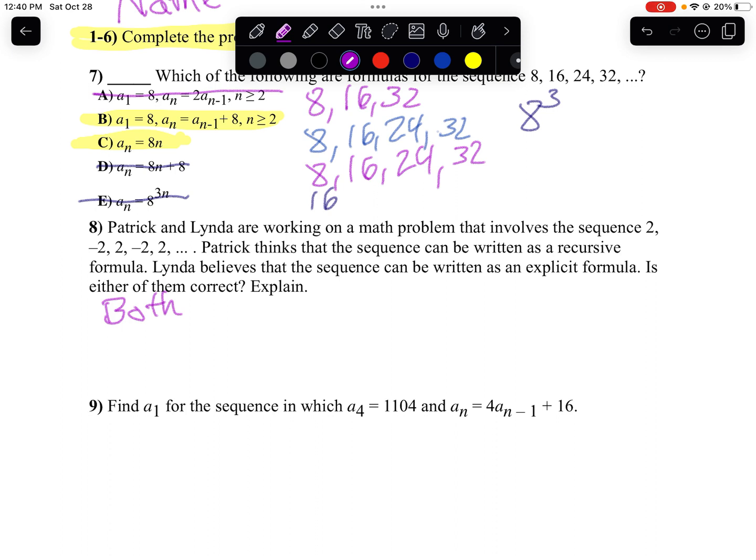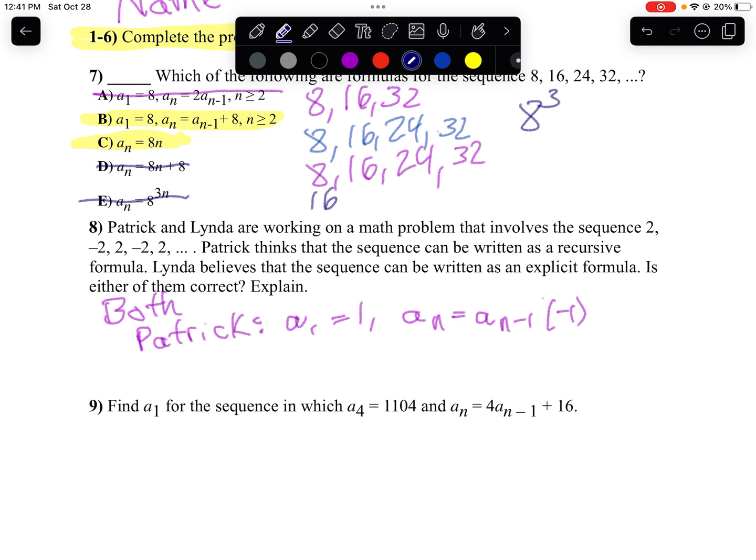So let's look at Patrick. So for Patrick, he thinks you can write a recursive. So my first term would be 2. And then to find the nth term, it looks like I take the previous term and I multiply it by -1.